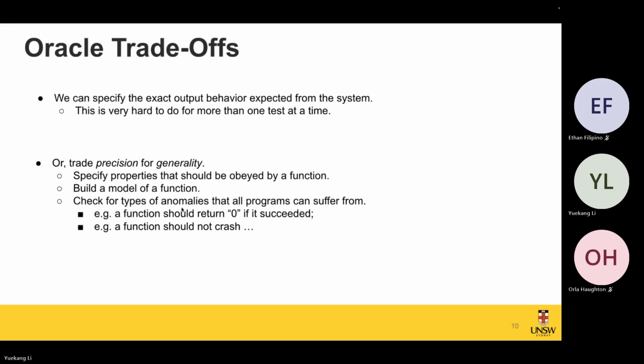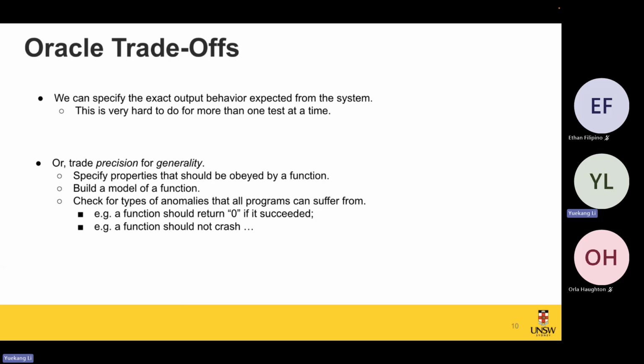Normally when a function returns 0, it means that this function succeeded. For some APIs, we know that if it returns 200-something, then it's a success. So instead of checking the actual output of the function, like whether this function has calculated Fibonacci correctly or not, we check whether this function is crashing or not, or looping infinitely or not.